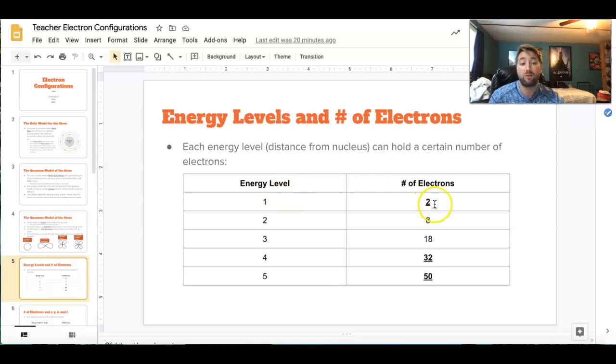So the first energy level can only hold 2 electrons, and we talked about this when you did your project. The second energy level can hold 8, the third one can hold 18, the fourth one can hold 32, and then the fifth one can hold 50. I'll show you why this is here in a second, but it's just something you have to memorize these numbers.